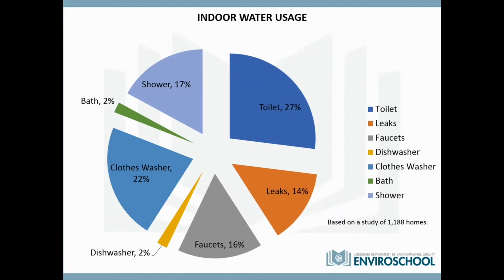The shower was 17%, and then faucets, and then leaks, 14%. Think about that. That's a lot of water just going down the drain for nothing. It's a waste of money, especially if you're in an area that has issues with groundwater and falling groundwater levels. That's a direct influence on your groundwater levels, for example. So take care of your leaks.